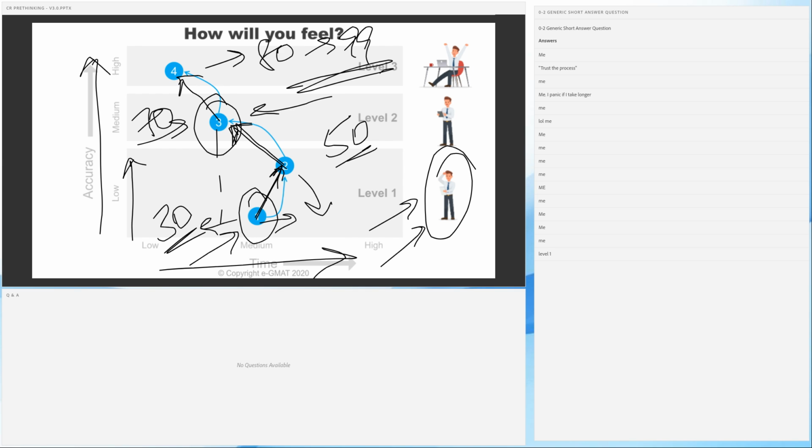So Soha says, how much does confidence help you with speed? Great question, and it's a great question because I have to think back. What confidence does in any process, and this is something you probably have experienced in your life, is that it makes you follow the process.